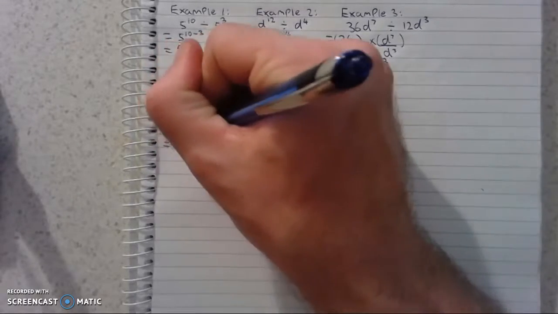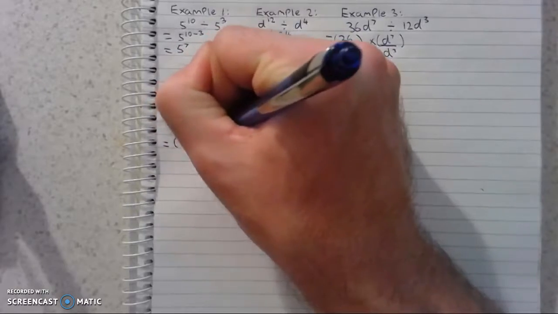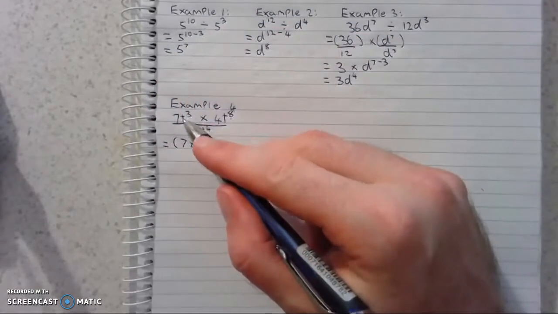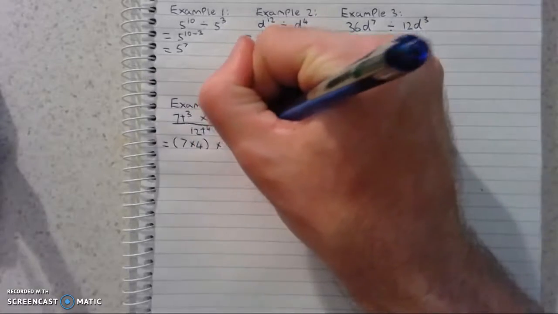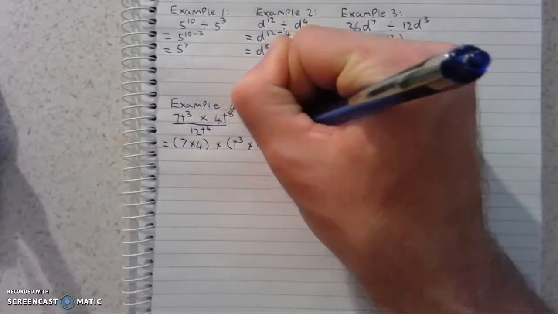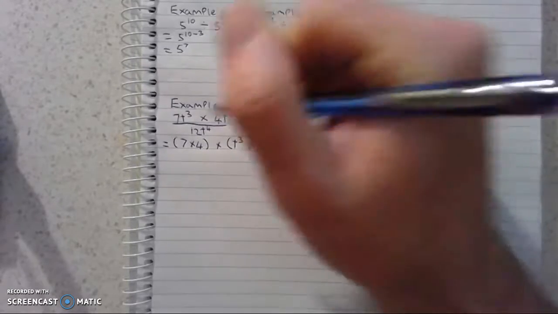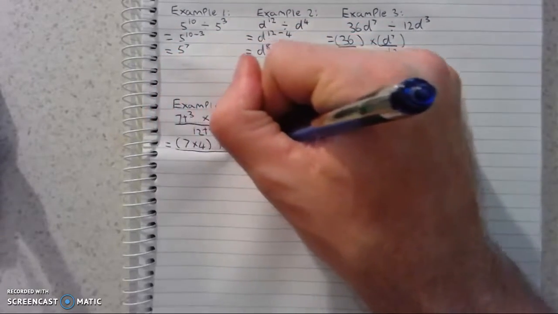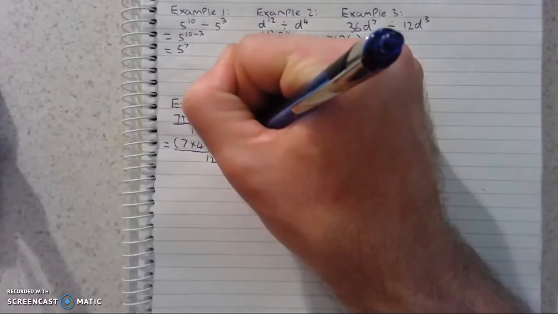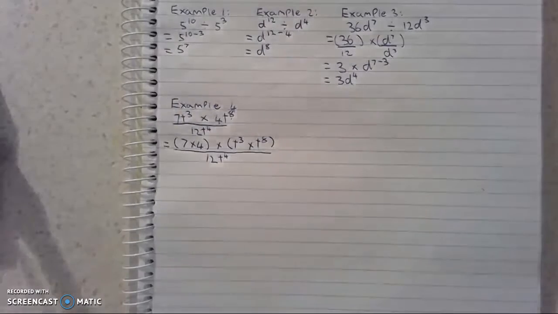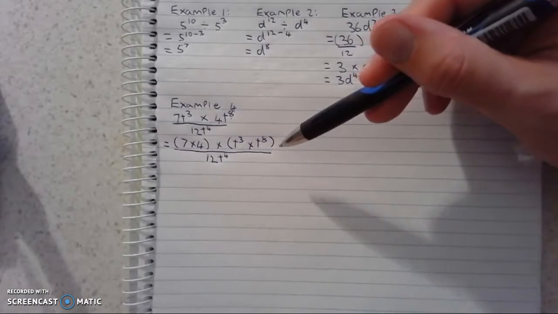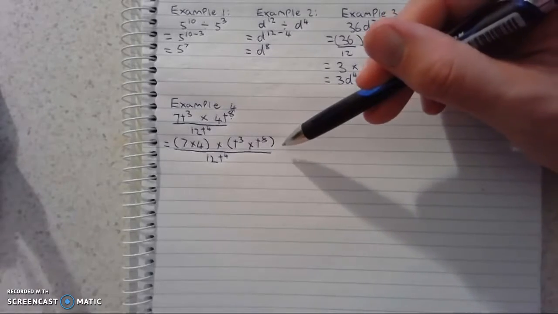So this would be written as 7 times 4, as well as still applying our first law, t to the power of 3 times t to the power of 8. And that whole thing is still over 12t to the power of 4. So we're still breaking down our top part using our first index law.